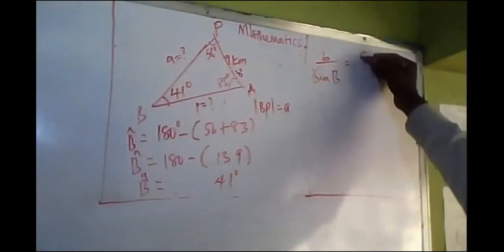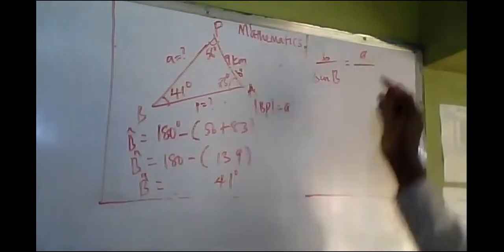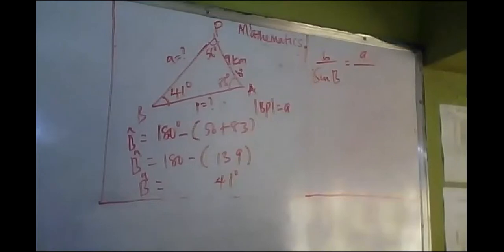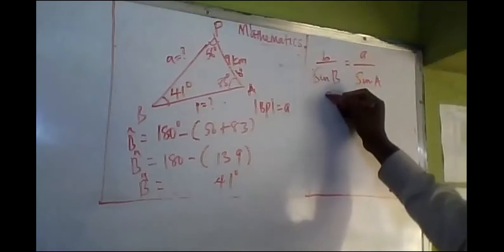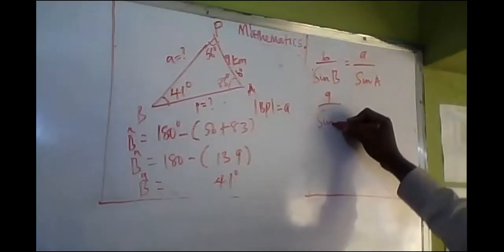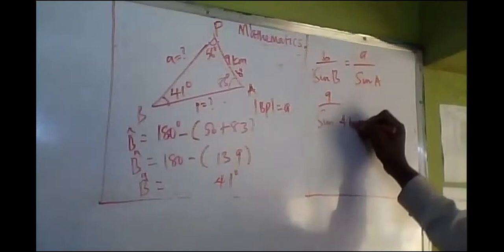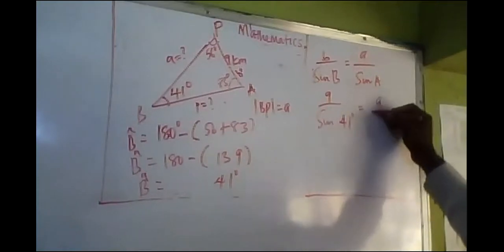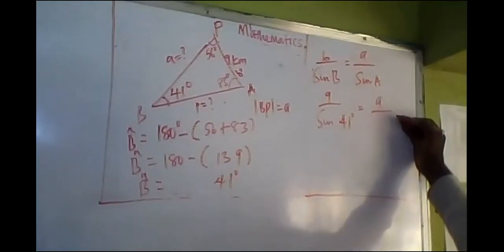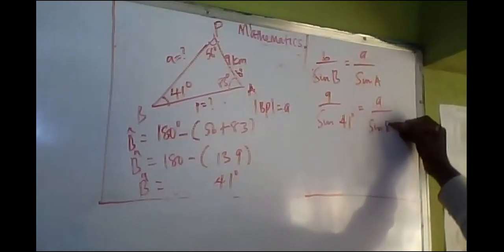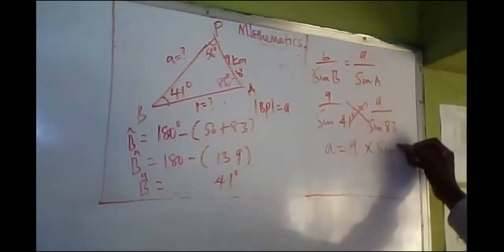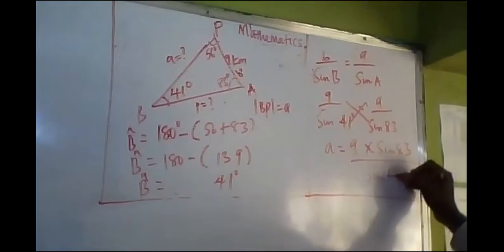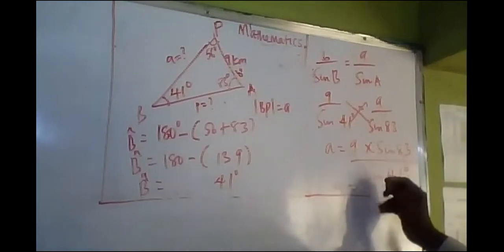So I'll put my small a all over sine A. So what's my b? 9 over sine 41 degrees is equal to what we are looking for, small a, over sine A. That's sine 83. So cross multiply. A will now give me 9 times sine 83 all over sine 41 degrees. So you get your answer.